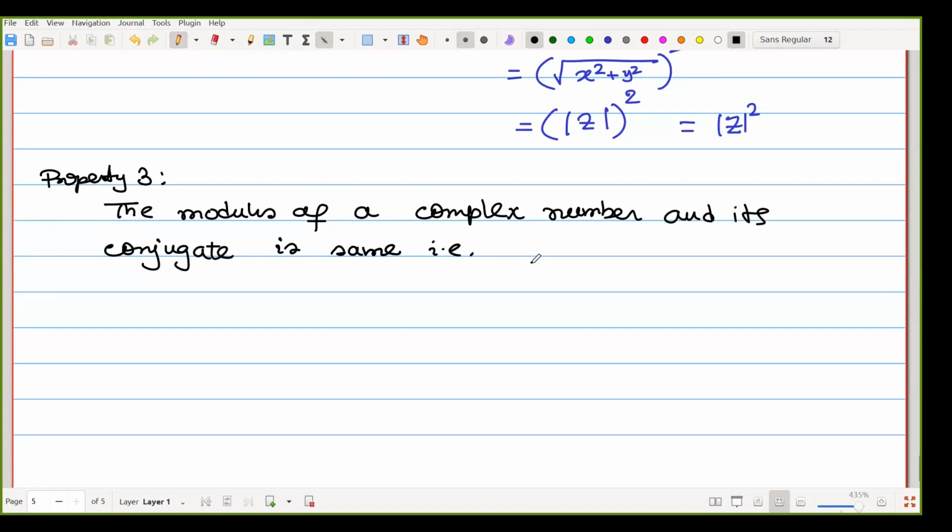That is, modulus of z and modulus of the conjugate of z are both the same.